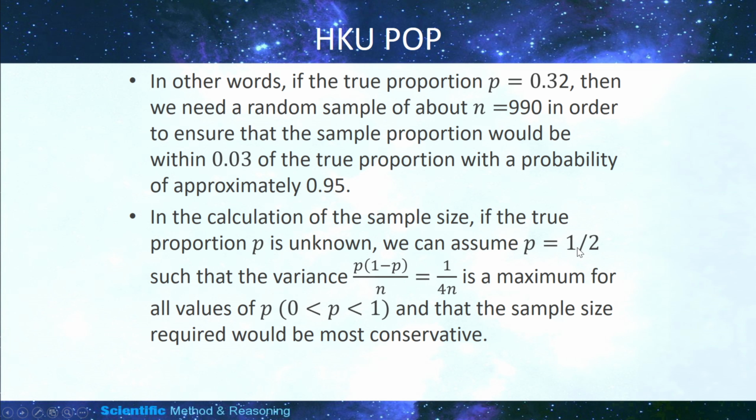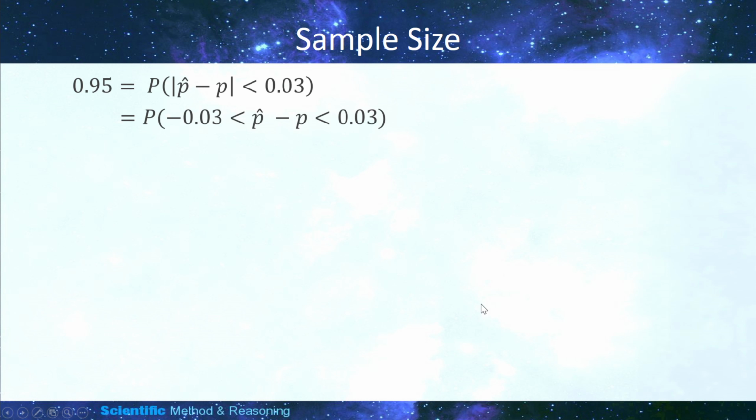Notice that if p equals 1/2, the numerator becomes 0.5 times 0.5, which is 0.25. But when p equals 0.4, 0.4 times 0.6 is 0.24, which is smaller than 0.25. So 1/4 is the largest possible value of p times 1 minus p when p equals 1/2. So we maximize the variance, leading to the most conservative sample size.